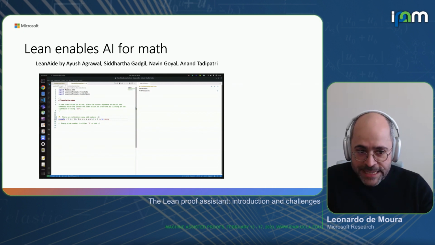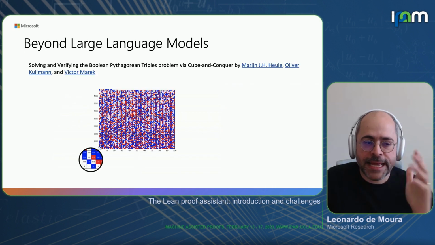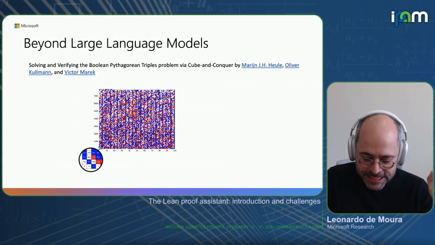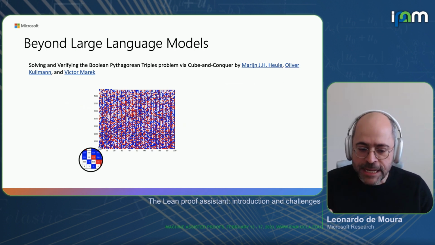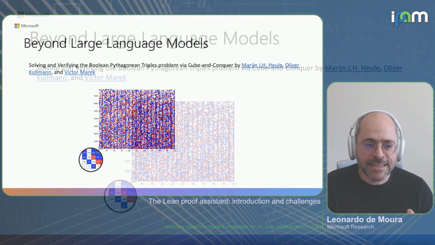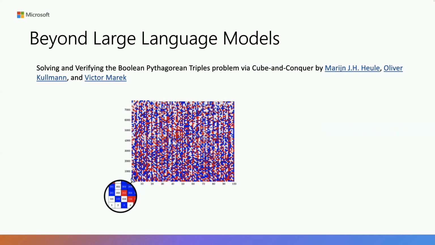Okay, we had many different applications using AI, using what we call large language models. But what was in common with every single application I have shown in these previous slides is that you could achieve the same by going to Lean Zulip and asking the question.